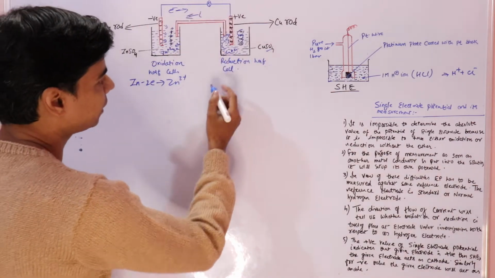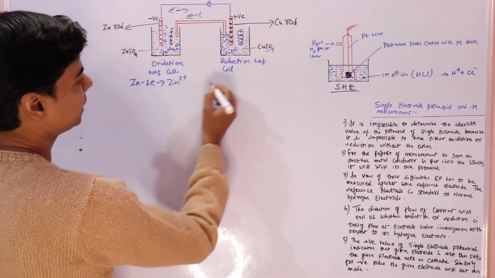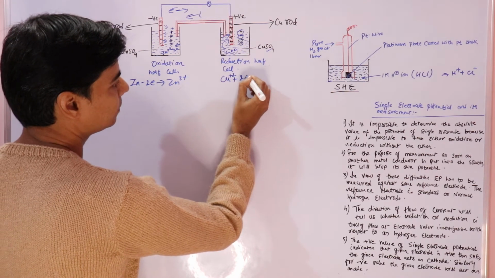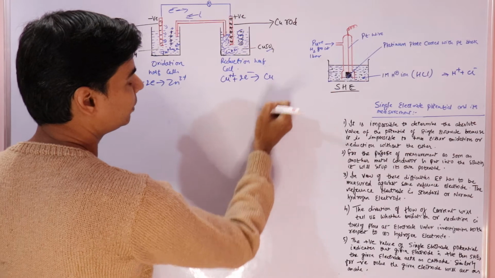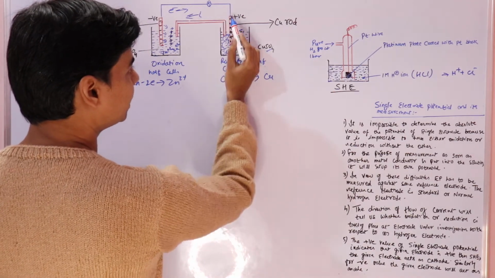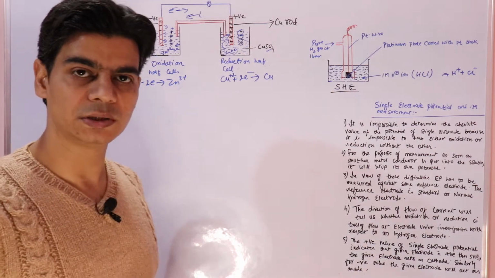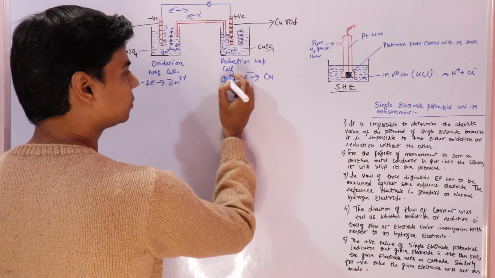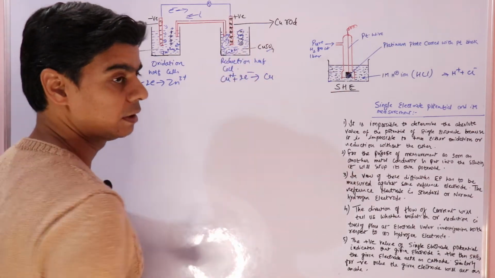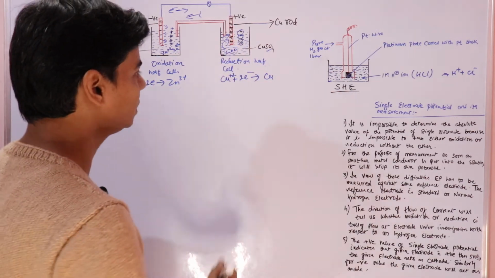Similarly, in this half cell, the electrons lost by zinc were gained by copper ions in this solution, forming copper metal. So this copper rod became positively charged due to the deficiency of electrons, because copper ions took electrons from this rod, making it electron deficient and positively charged.